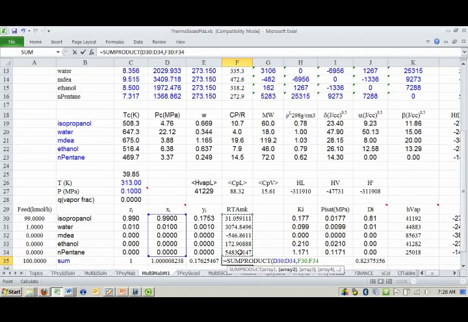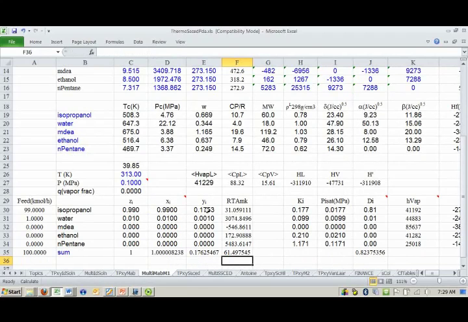I call them AMKs because they're sort of component K interacting with the whole mixture. Oops. So that would be GE times 2, and I forgot to divide by 2, as I always do.